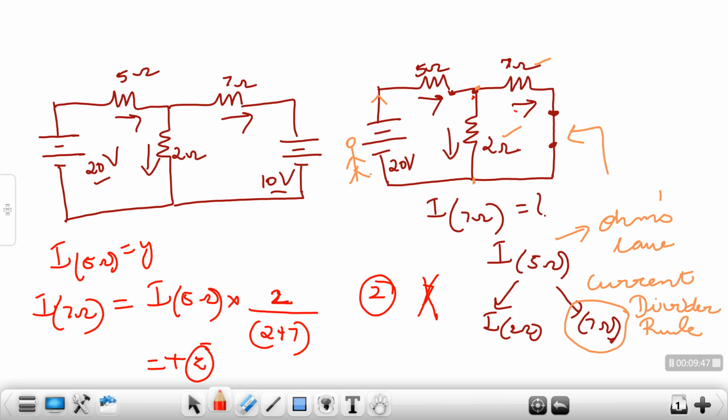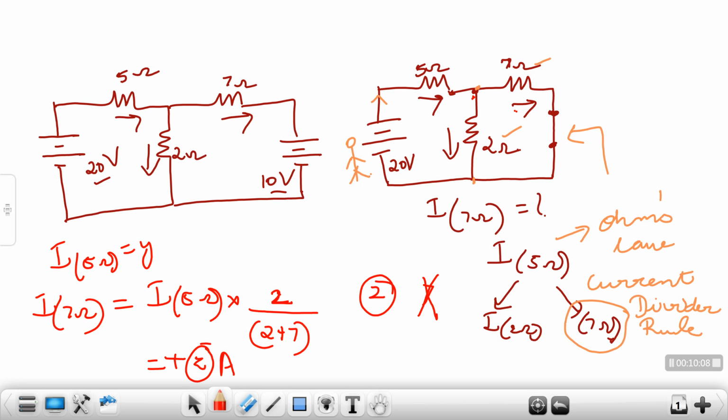So if I just mount the circuit on my breadboard and connect an ammeter over here, the current value should be the same as this, Z amperes. So this completes the current in my load resistor 7 ohms when I have just one source present in my circuit.